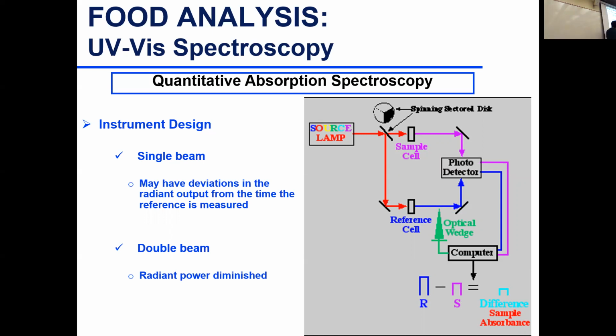The double beam, you have 2 places, one for the reference and one for the sample. At the same time, there are 2 places where you can put your blank and your sample. The light source gets, part of it goes to the sample and part of it splits by a mirror and goes to the reference cell.